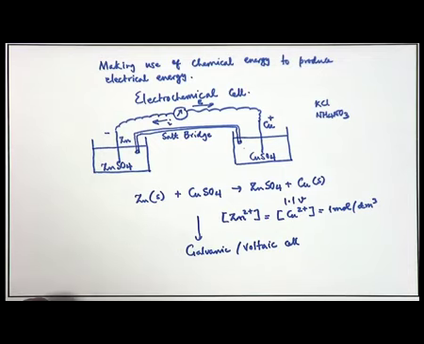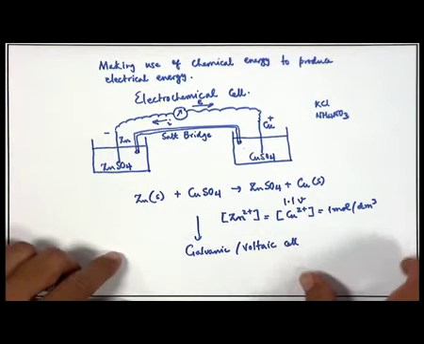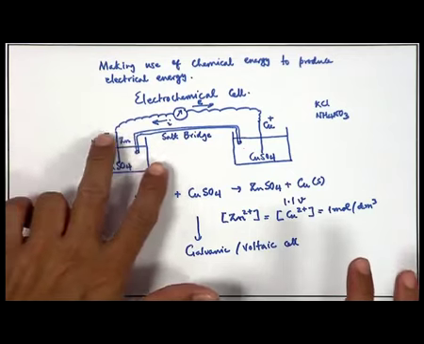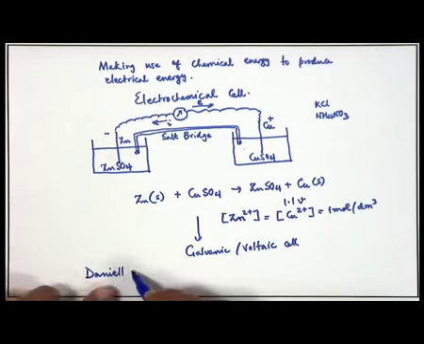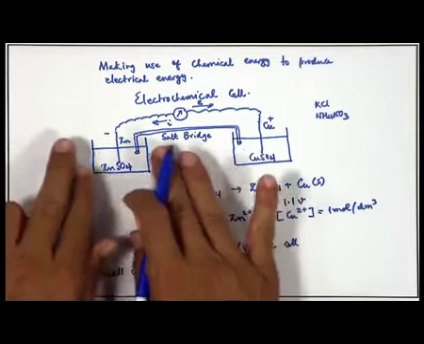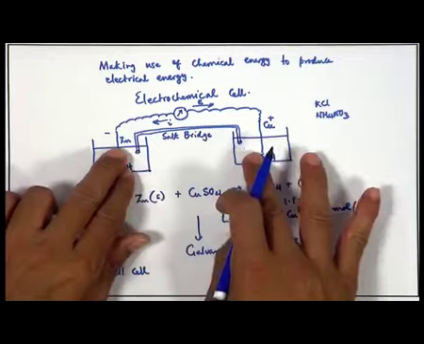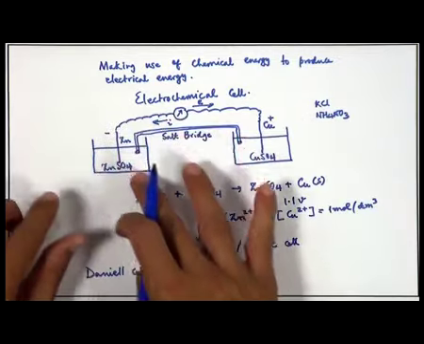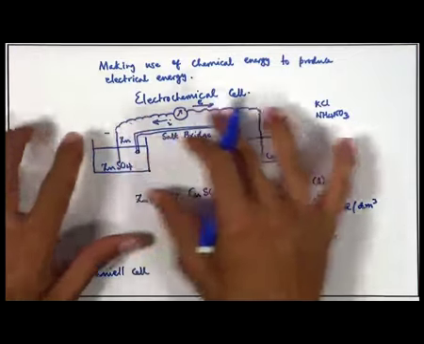So, what is exactly happening? This arrangement is called the Daniell cell. So, think about this part and that part. Okay. So, if you combine these two, then this circuit will be completed and current will flow. So, it is a complete cell.